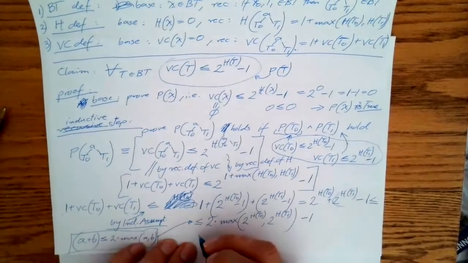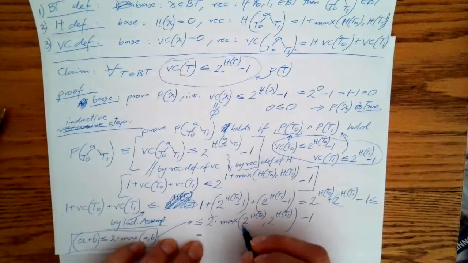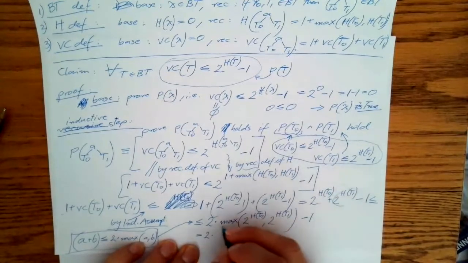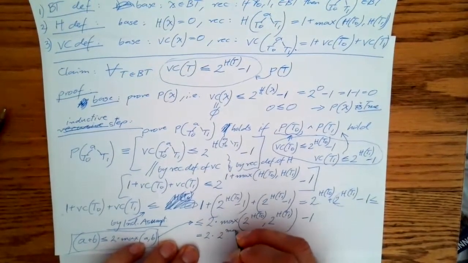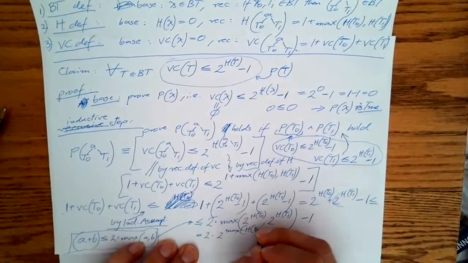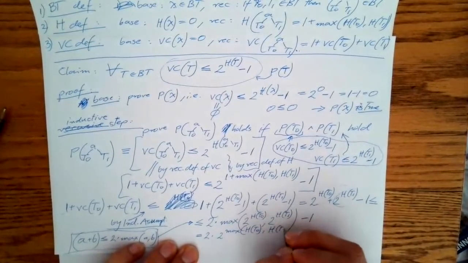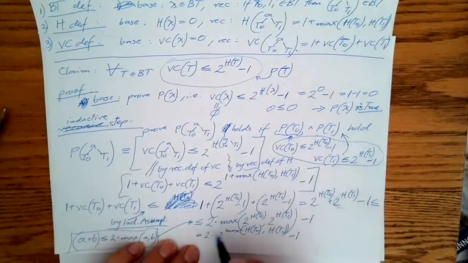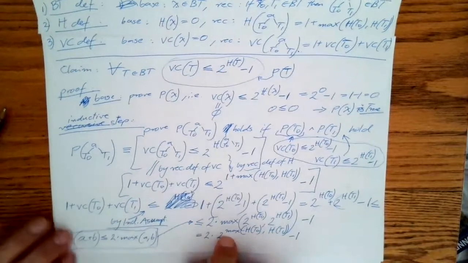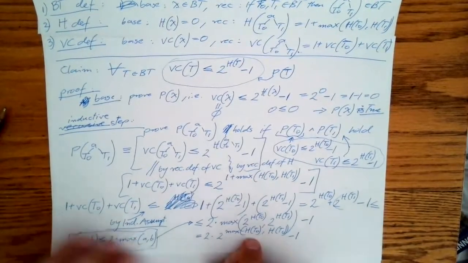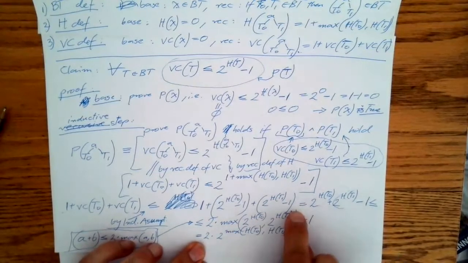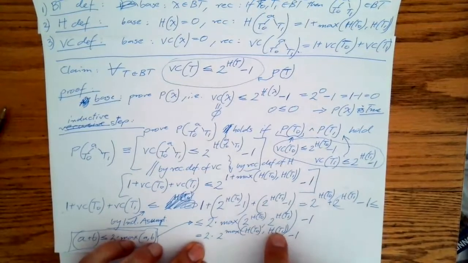Okay, and now I'm almost home because this is equal. What is the max of 2 to something and 2 to something? This expression is 2 to the max of the exponents, h of T0, h of T1. And let's not forget the minus 1. That's another law, quote unquote, that the maximum of 2 to the i and 2 to the j is 2 to the maximum of i and j.